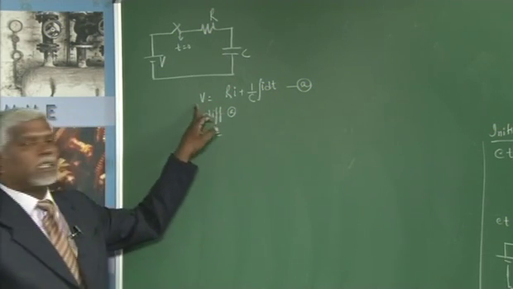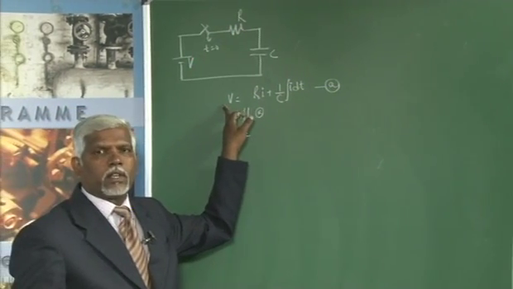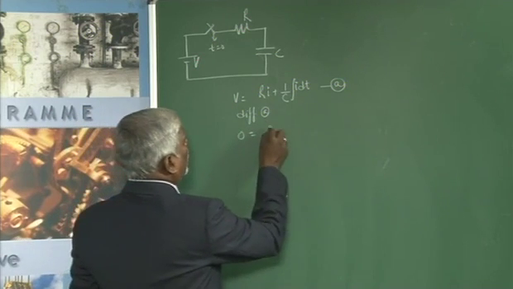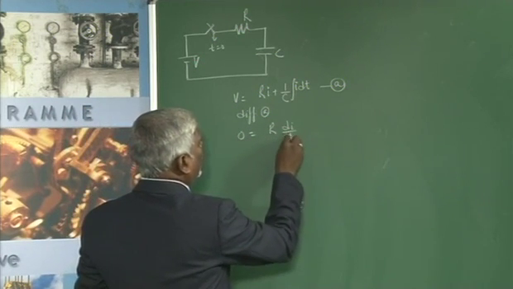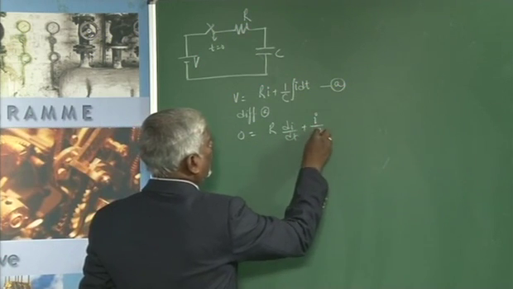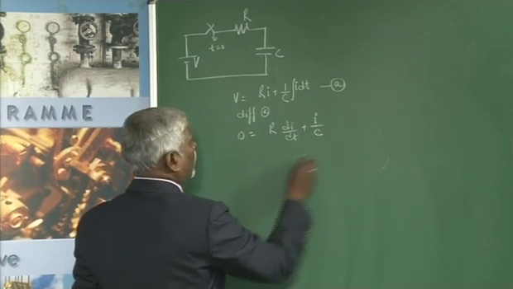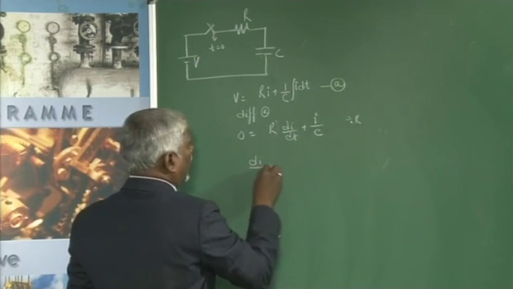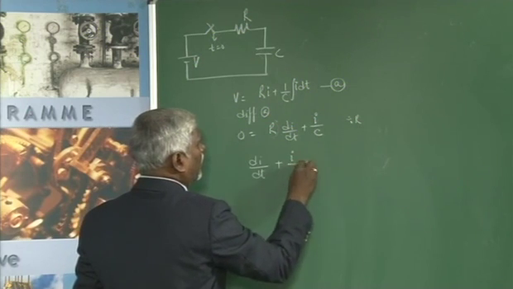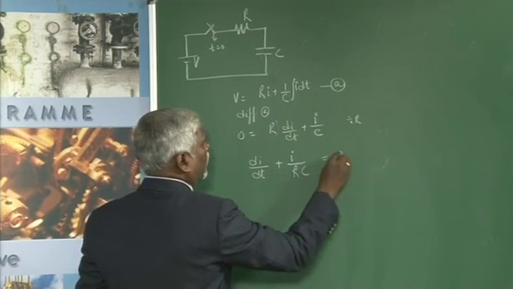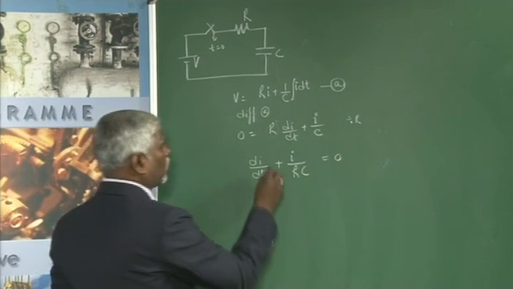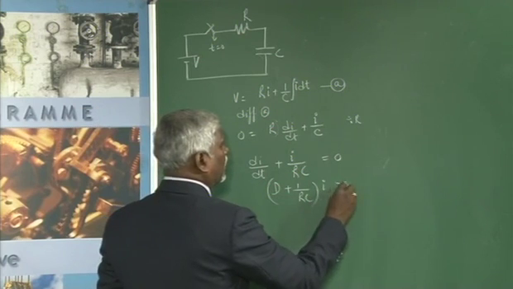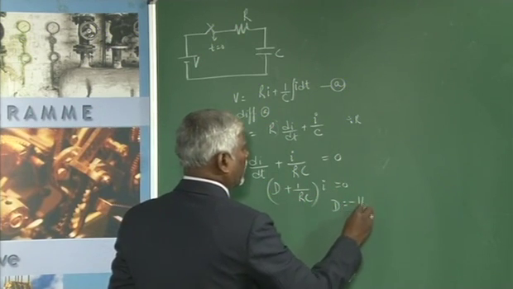If this is not DC, then the derivative of a sine or cos or any function has to be taken care of while differentiating. So 0 equals R di by dt plus I by C. Get this to the standard form: divide by R, because the coefficient should be 1. di by dt plus I by RC equals 0. So the root is D plus 1 by RC, giving D equal to minus 1 by RC.